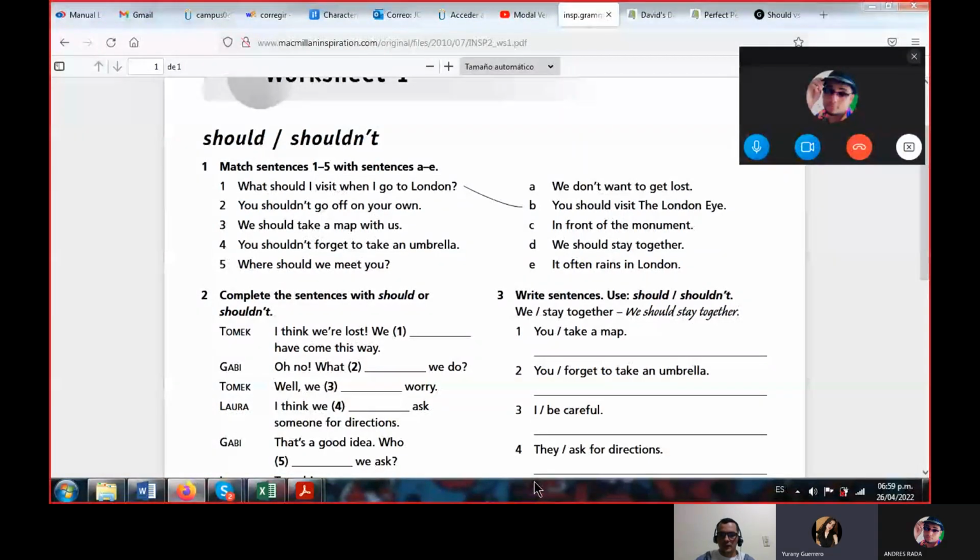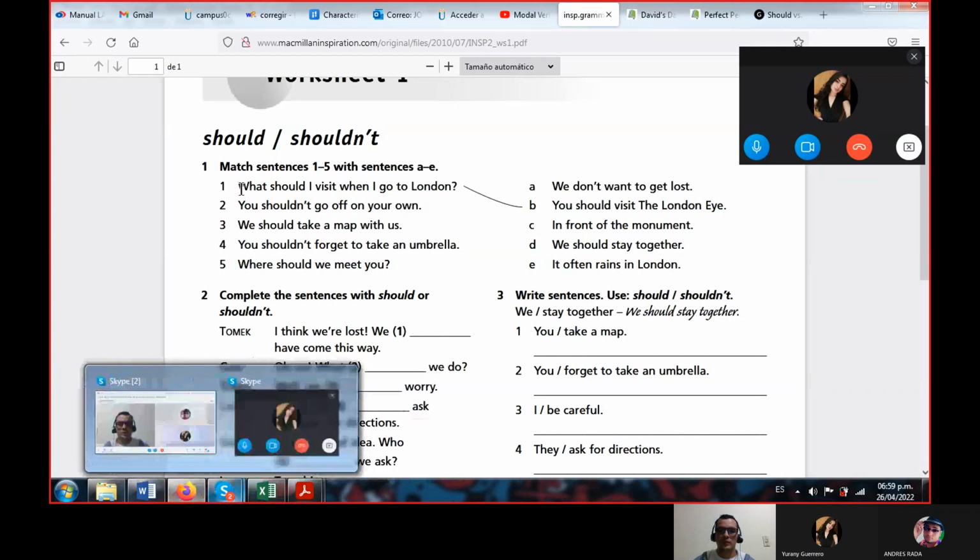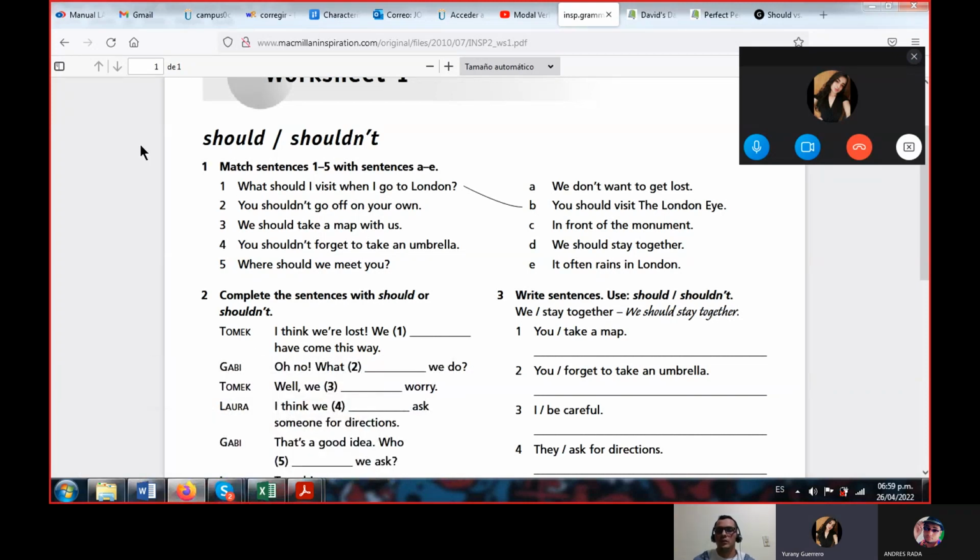Tutor, I have a question about the work. I write the first and the second, the 2 point, in the chat.